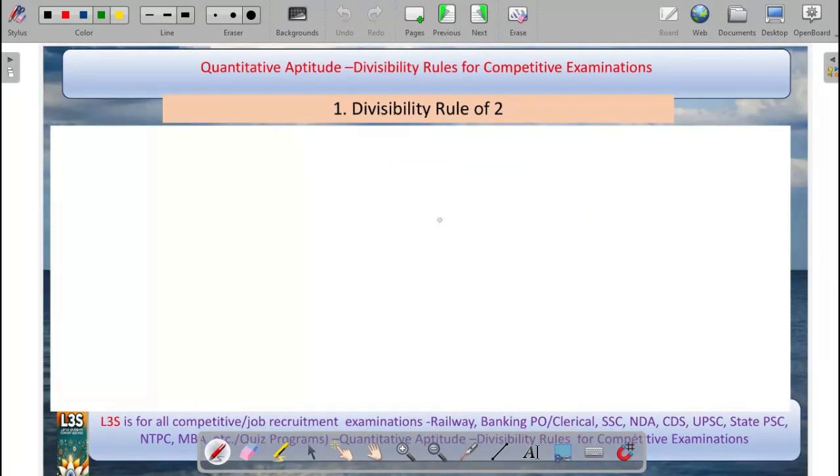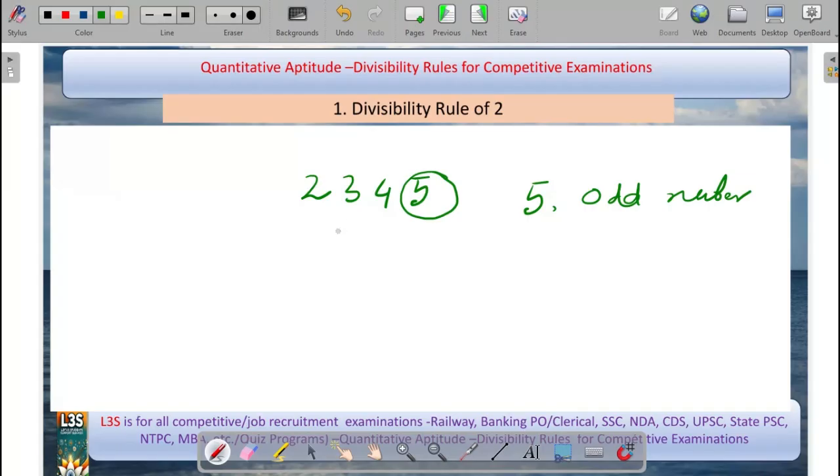Another example we do, say 2345. Is it divisible by 2? So first, the last digit is 5. Now is 5 an even number? No, it is an odd number. So if it is an odd number, the whole number is not divisible by 2.